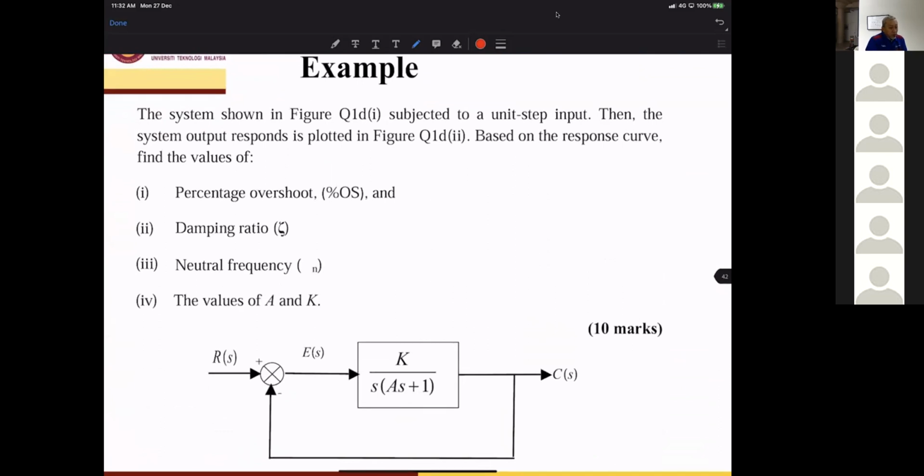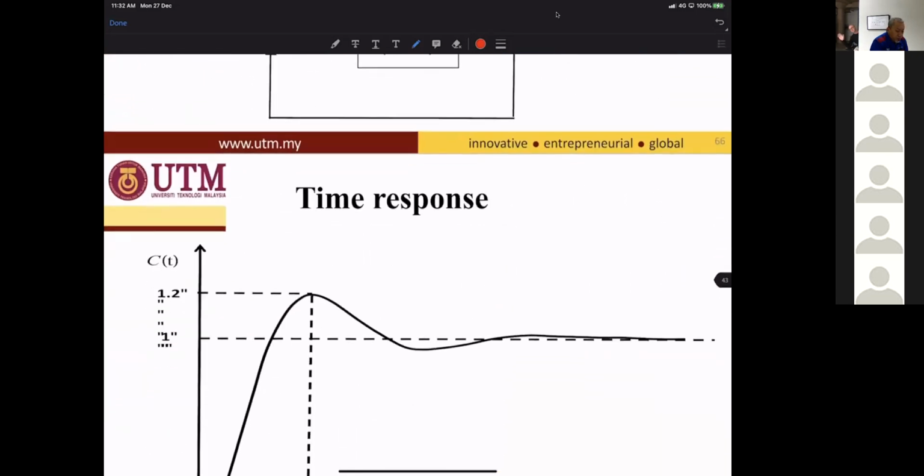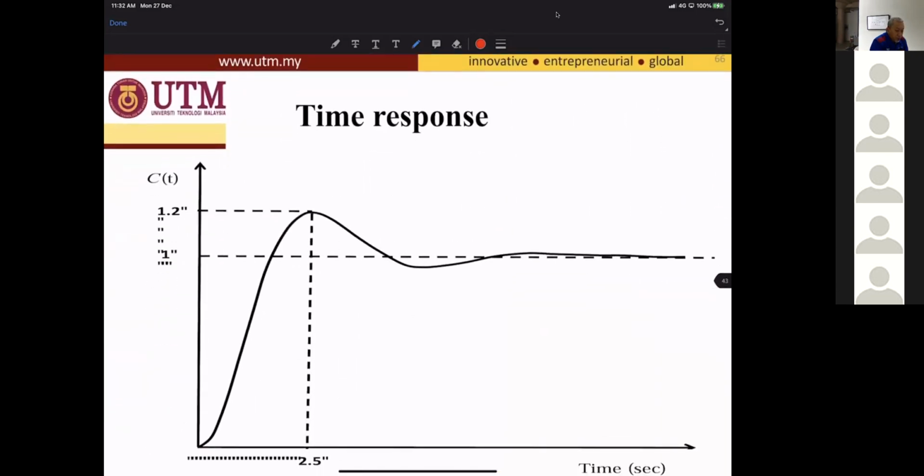Look at this example where you are given a block diagram with a unit step of 1 volt. Then the system output response is plotted in Q22, which is here, same like your assignment.